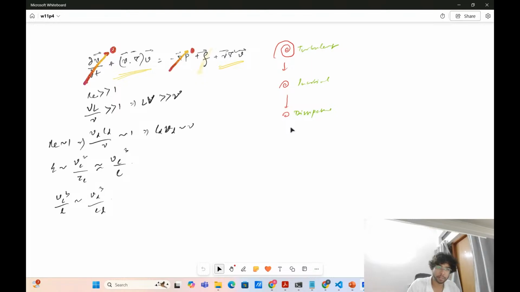And it is proportional to epsilon. And since epsilon is a constant, as I said, this VL is proportional to L to the power of 1/3, right? Now, let's see.